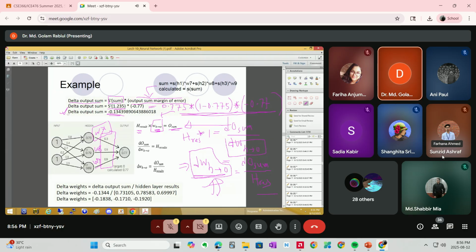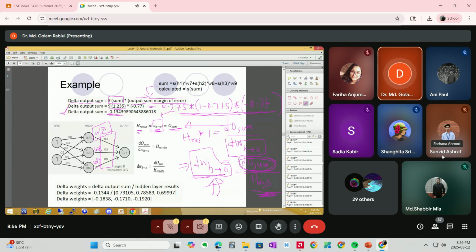Now we can see that this is our delta output sum. We already got this delta output sum. We have to divide this by the hidden layer results. Then what are the hidden layer results?